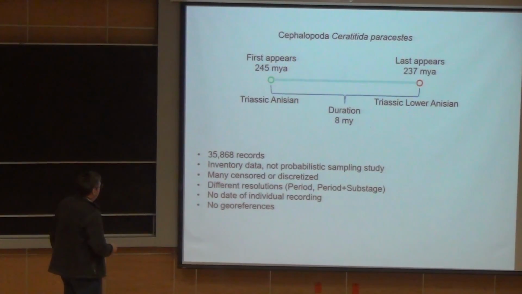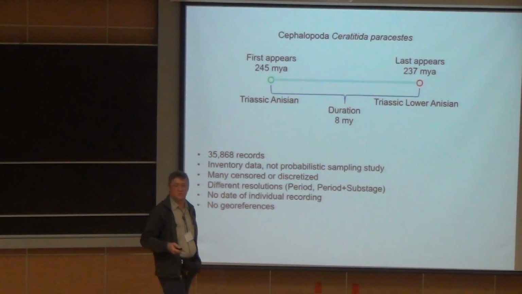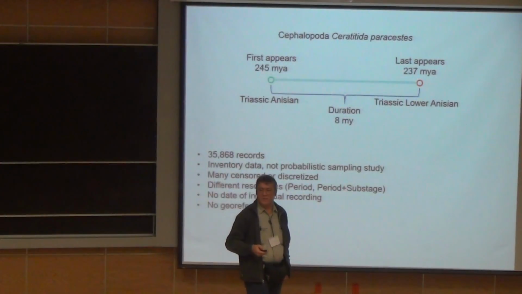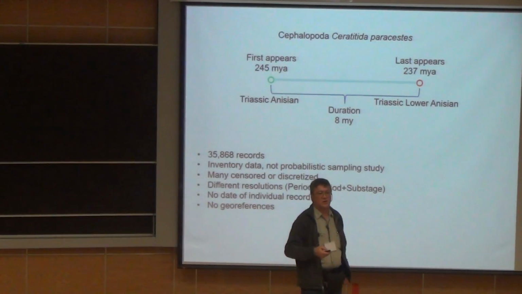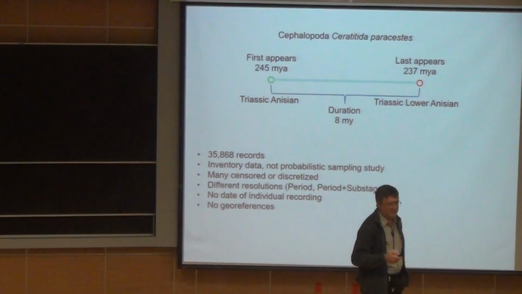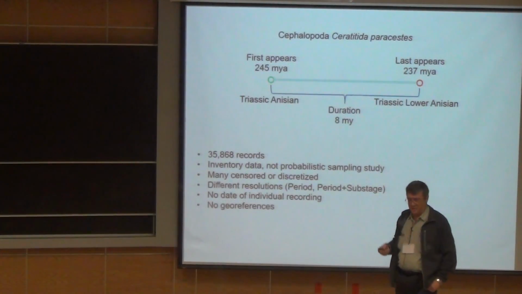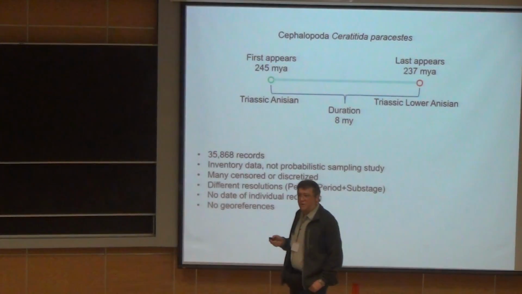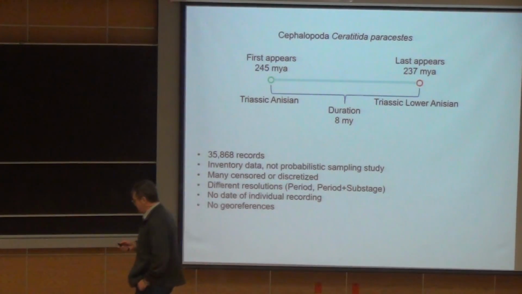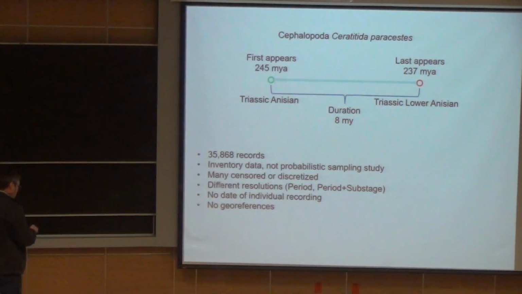And then another thing we don't have is georeferences. There's no notion of where this was found. Because again, this particular record could be constructed by several hundreds or maybe 2 or 3 fossils that had been found in the world. So that is the fossil record.